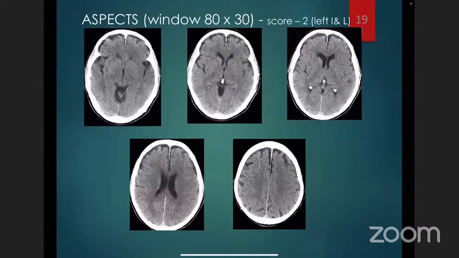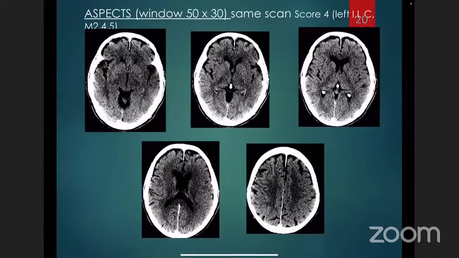Once you change to the stroke window, width 50 with level 30, you can see the ASPECT score is almost 4, with loss of the left insula, lentiform, head of caudate, and M2, M4 and M5. So when you are measuring the ASPECT score, it is important to look at the regular window as well as the stroke window.